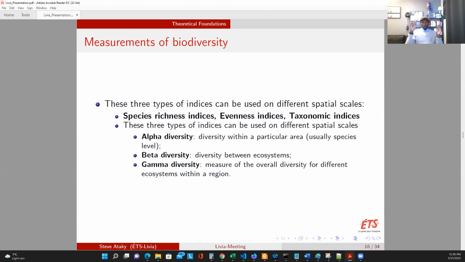Now we also have three different spatial scales that the three indices presented follow. We have alpha diversity, beta diversity, and gamma diversity.